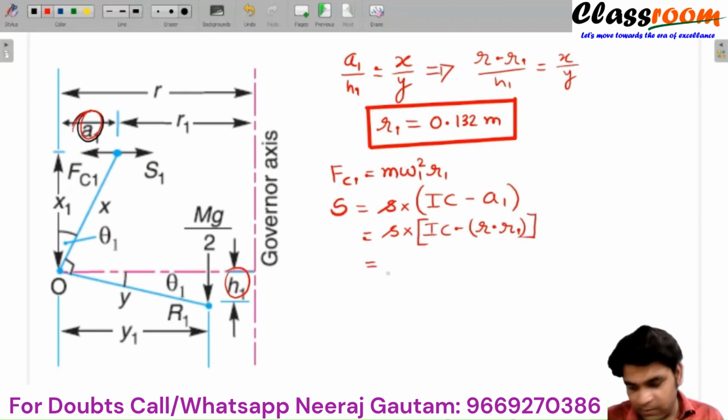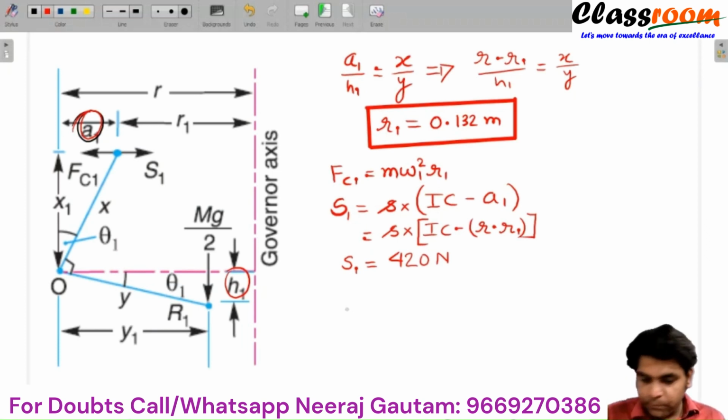Solving this relation, we get the value of S1, the spring force for this minimum speed configuration, as 120 Newton. The next term, mg by 2, is as it is.